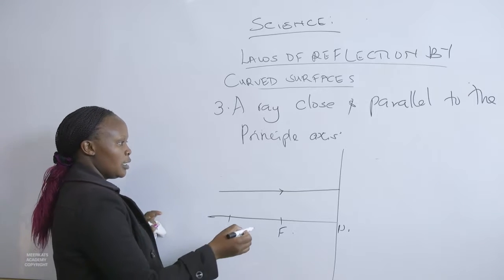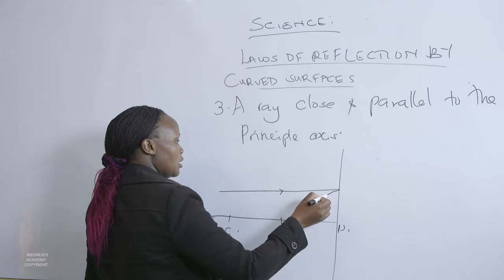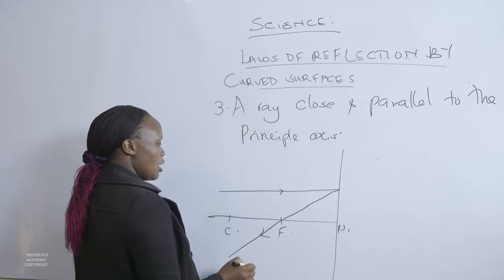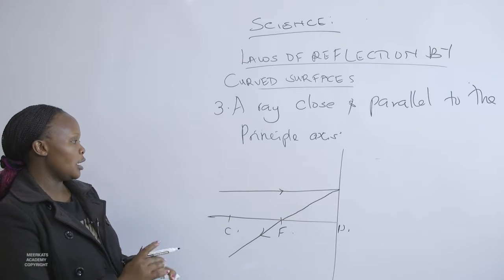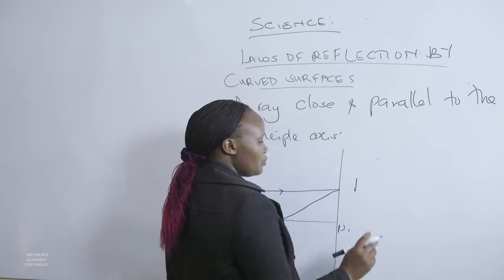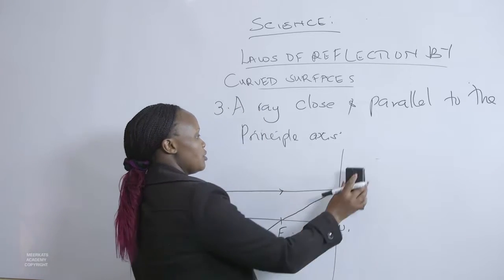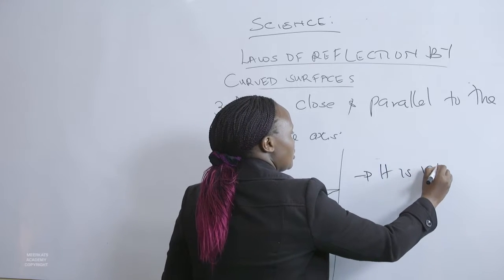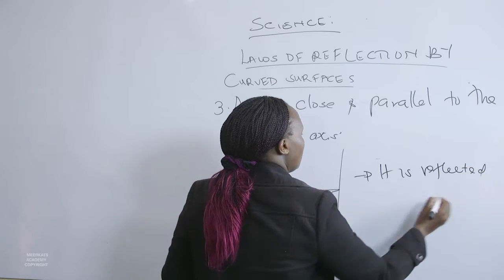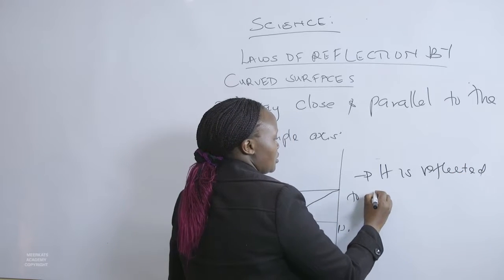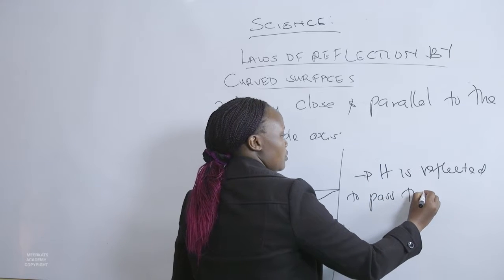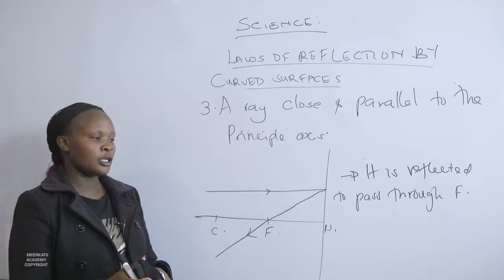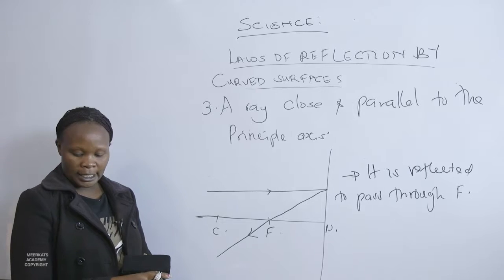Basically, it is reflected so that it traces a path through F. So a ray close and parallel to the principal axis is reflected to pass through F. It is reflected to pass through F.